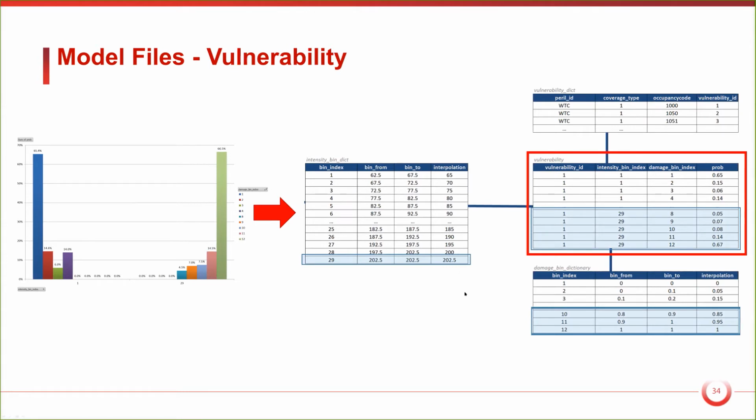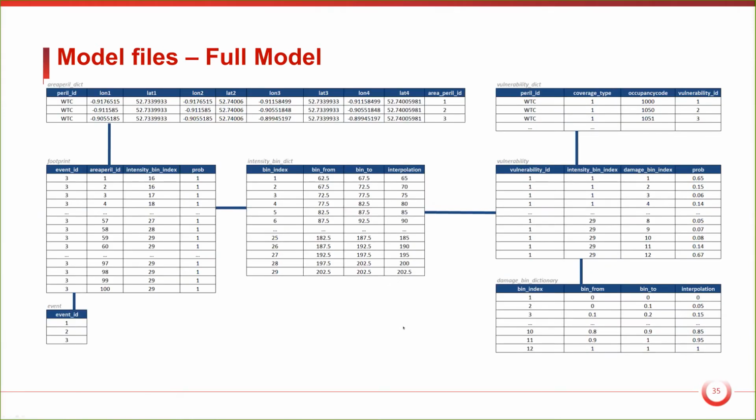And then I've got the example that we saw before. So from my intensity bin 29, as we saw, it had a high wind speed, and we saw that distribution in this chart here. And then it can all hang together, and just reiterating, this is why the intensity bin dictionary is important: to be a common frame of reference across both sides of the equation, because it does hang these two files together.